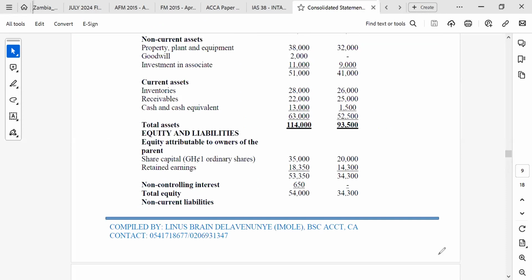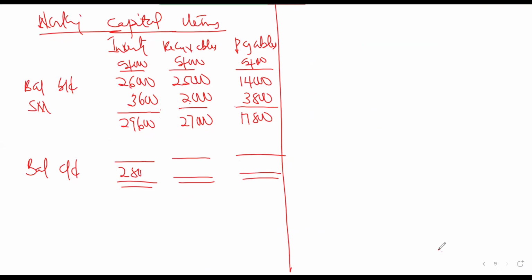So inventory is 28,000. Okay. Receivables is how much? 22,000. Okay. Then payables is how much? 20,000. So let's look for the differences now.